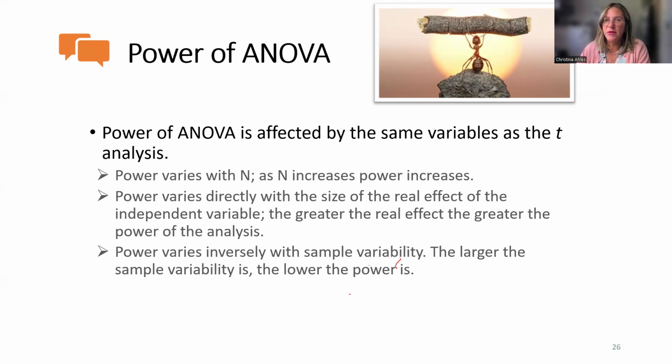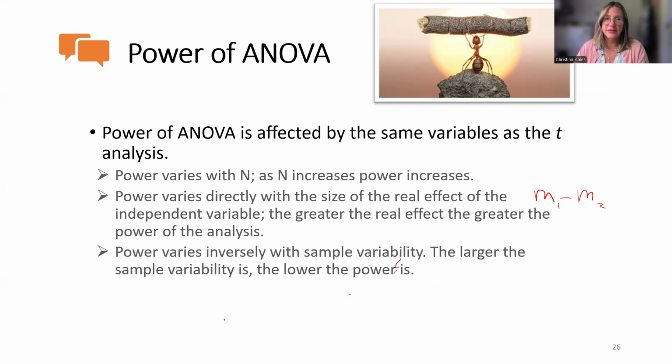What we mean by the real effect is the mean differences, the mean 1 minus mean 2, like when we're doing that post hoc test. As those mean differences increase, or that larger overall magnitude of the test increases, the power will increase. But unfortunately, as variance or variability increases, the power decreases. So that can be a problem as well.